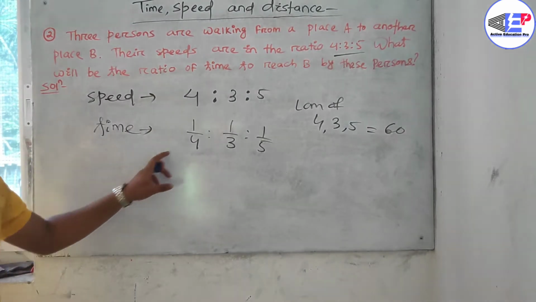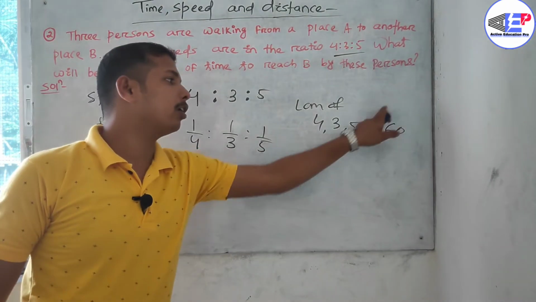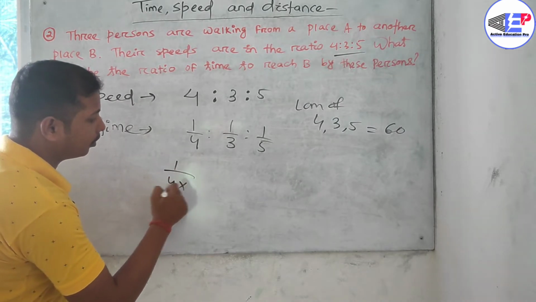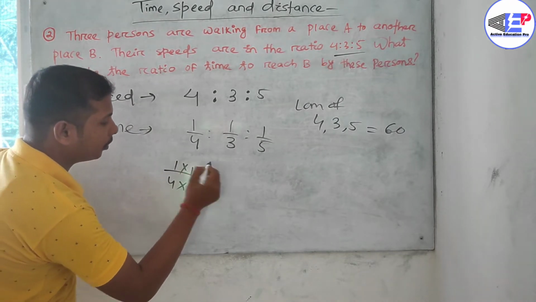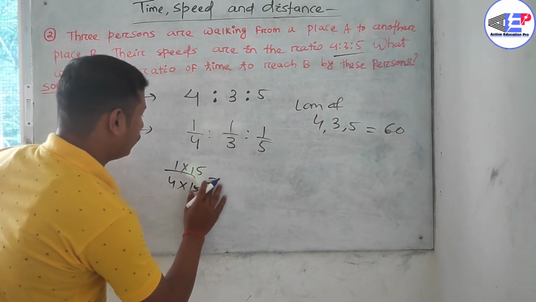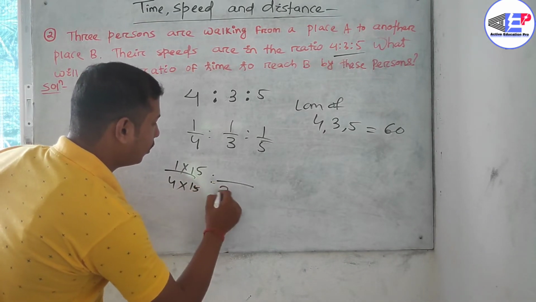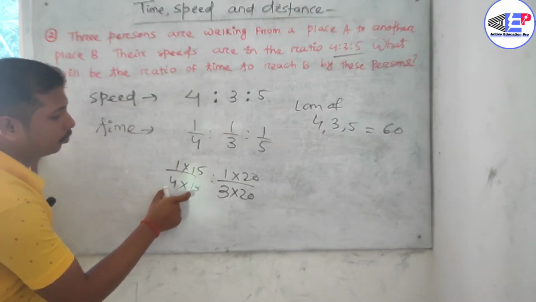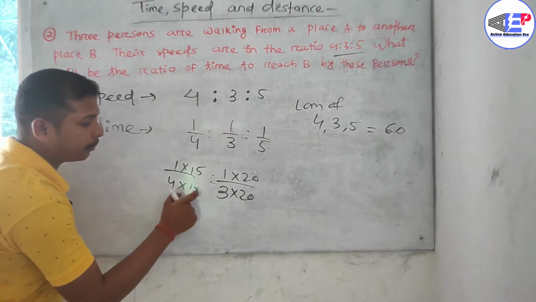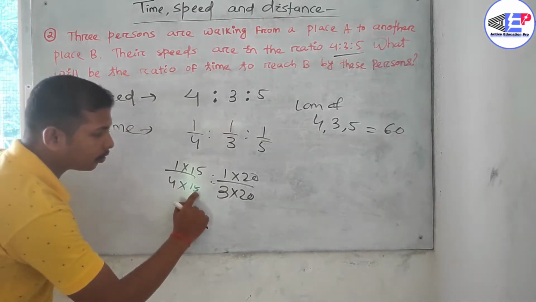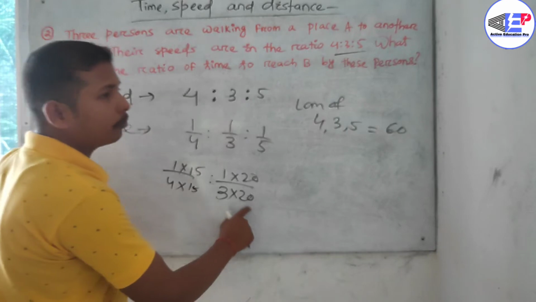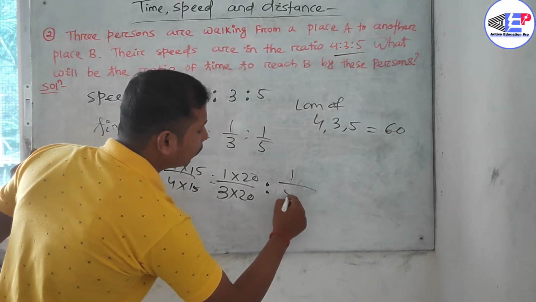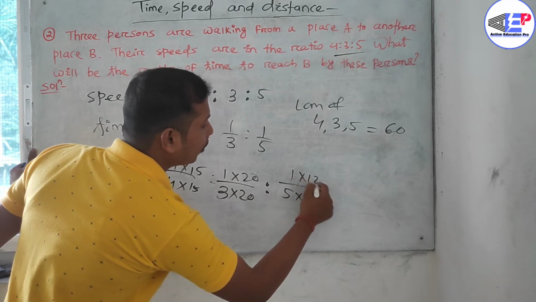Now make equivalent fractions of these fractions with denominator 60. We will multiply the first denominator by 15, so that it becomes 60. In the second denominator we will multiply by 20, so that it becomes 60. In the third denominator we will multiply by 12, so that it becomes 60.